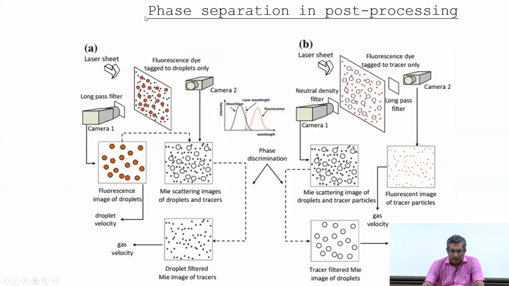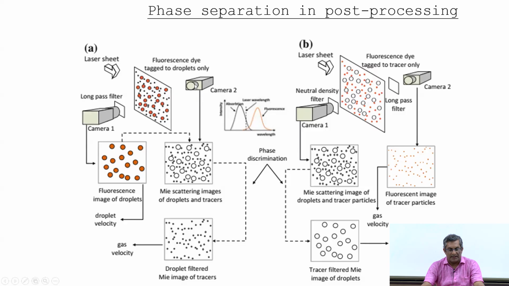We can also separate the phases in post processing. This is an example here. In this case, the dye is added to the dispersed particles, and you see two cameras are used. By putting a filter in front of one camera, we inherently capture the dispersed particles only.